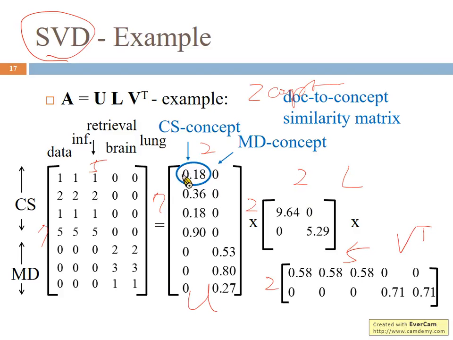And here the value 0.18 means the similarity between the first document and the first concept. Okay, it is 0.18. The similarity between the second document and the CS concept is 0.36, and so on. So here we can see that the first 4 documents have the computer science concept. The following 3 documents have the medical concept.